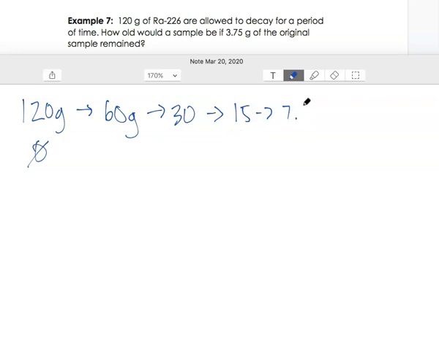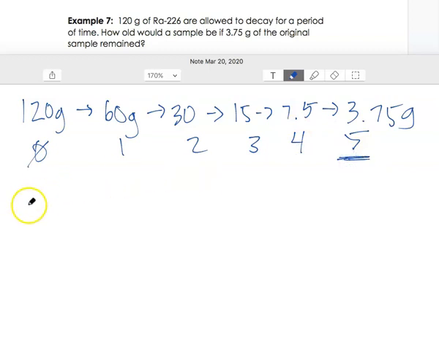Right, 7.5, 3.75. So if we look at this chart, we can see that it required 5 half-lives. So 5 half-lives were necessary for the sample to reach 3.75 grams.